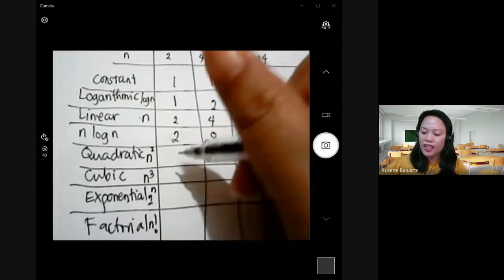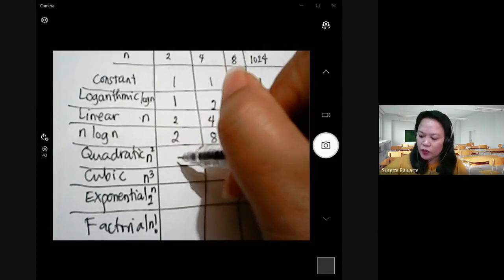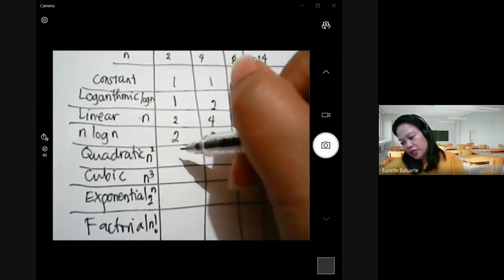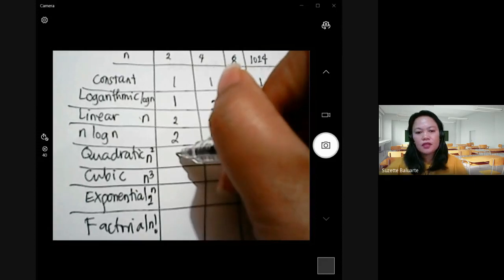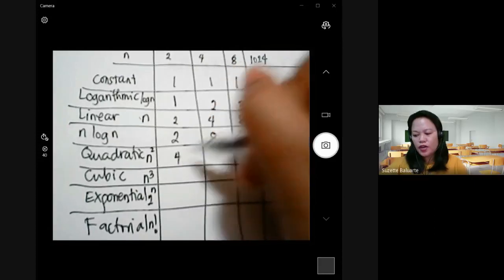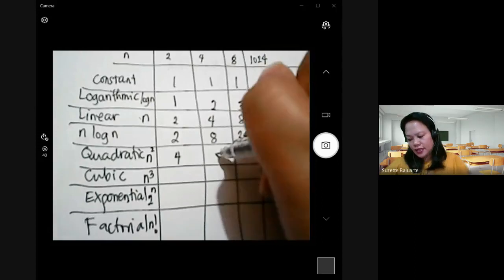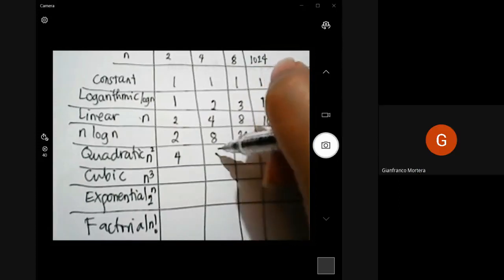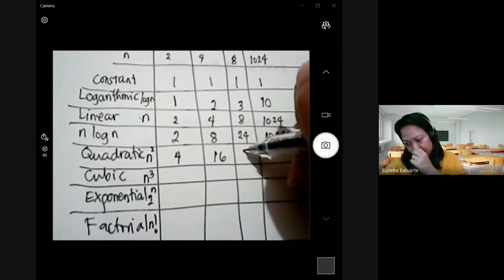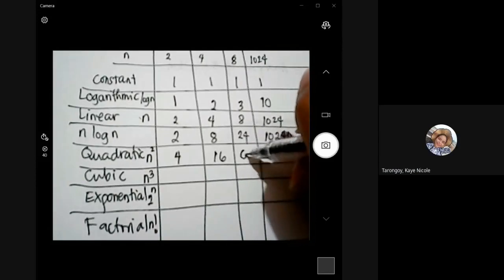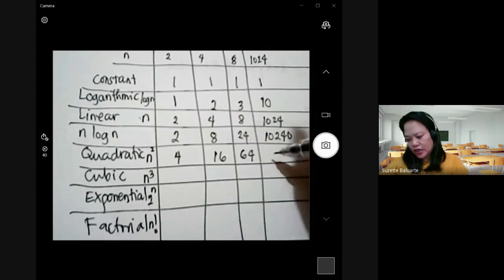So, for quadratic, n squared, what is our n? 2. So, what is it? 4. This one? 16. Correct. This one? 64.